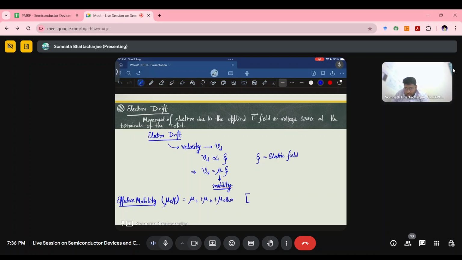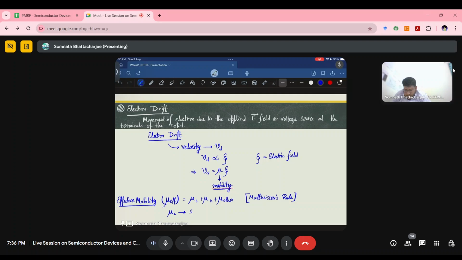This equation is called Matthiessen's equation or Matthiessen's rule, and we can estimate the values of mu L. mu L is nothing but from the lattice.